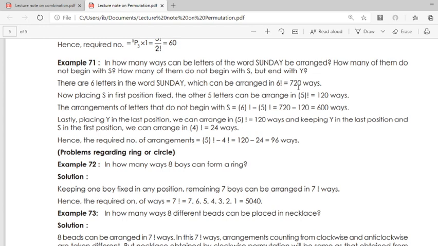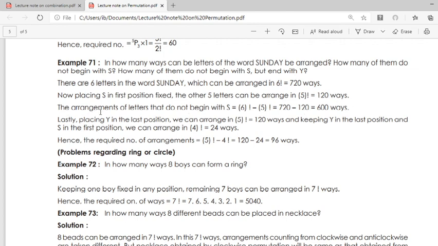That's 6 factorial, which is 720. Now if you place S in the first position, fixed, then you are left with 5 letters. And how many ways can they be arranged? It will be 5 factorial. That's why you have 120 ways.